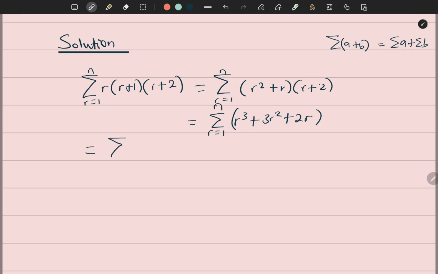So this becomes sigma r equals 1 to n of r cubed, plus the sum from r equals 1 to n of 3r squared, but 3 there is a constant and that can be factorized, so we have 3 outside, then r squared. While the last term there, we write as 2 times the summation r equals 1 to n of r.